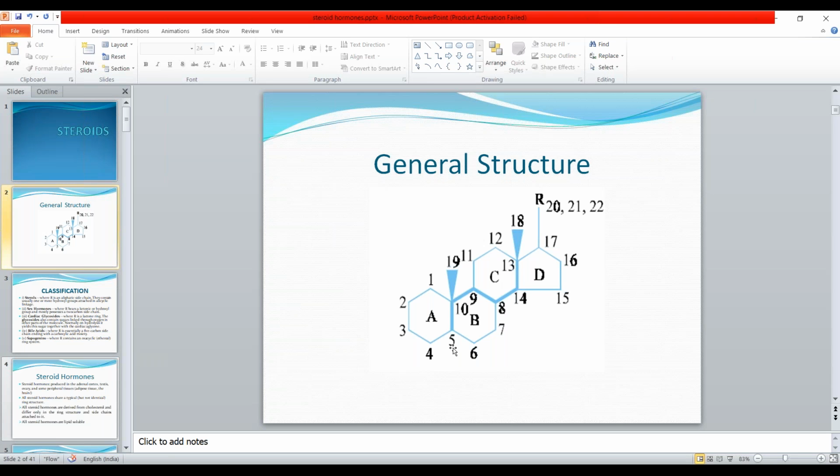Alpha because the substitution is below the plane. If it was above the plane, you would have called it beta. So when you have a substitution below the plane, you call it alpha. When you have it above the plane, you call it beta. So this is how the naming starts.